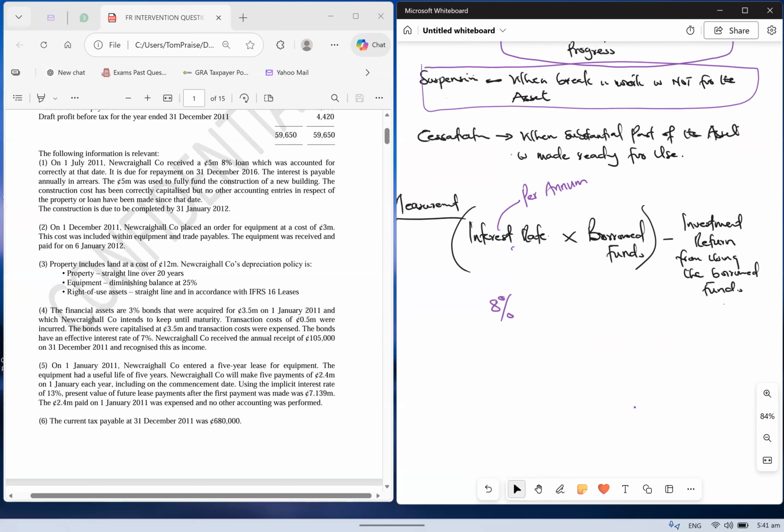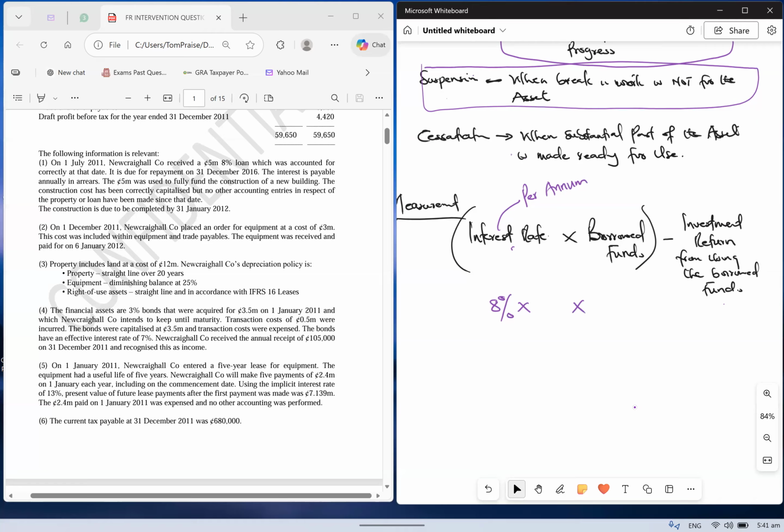And looking at the borrowed funds, we still need to prorate because interest is rate times time times the amount. So how many months are we looking at? They started in January. Look at the period with which you are preparing an account. How many months will go in there? Six months.